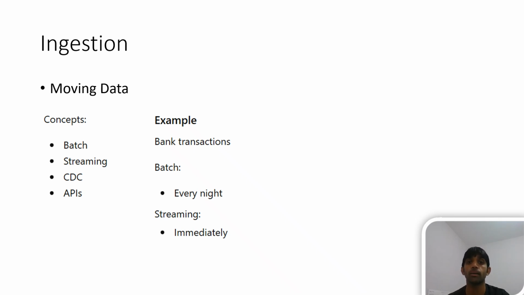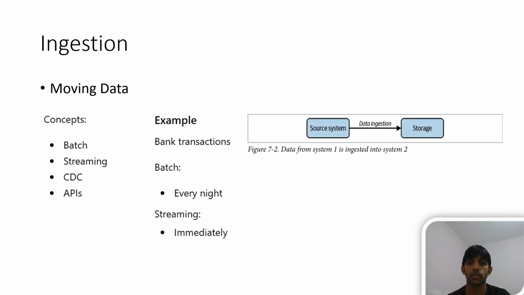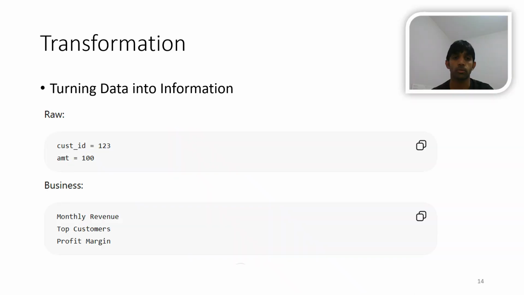For example, a bank generating overnight reports may use batch processing. A fraud detection system often requires streaming data because decisions need to happen immediately. Those are the two examples you can see on this slide. The source system and data ingestion go into storage. That's how data is moved.